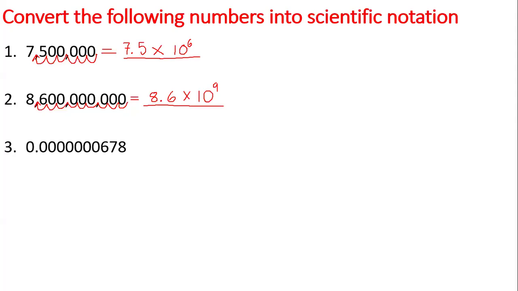Okay, so what we're gonna do? We have to take this and move it over. This is gonna be what? 1, 2, 3, 4, 5, 6, 7, 8. Right there. We put it between the 6 and the 7.